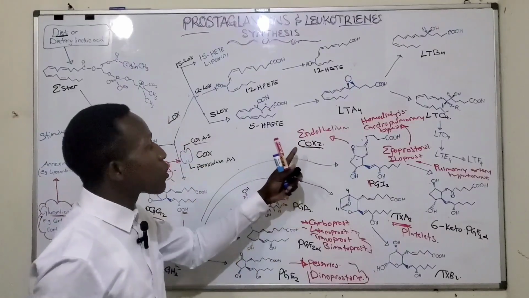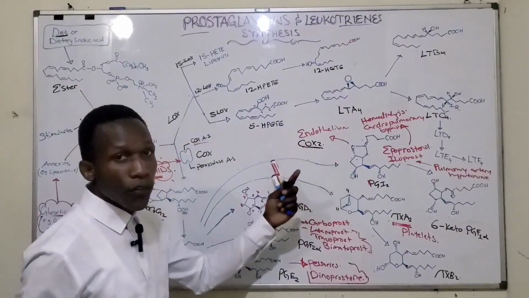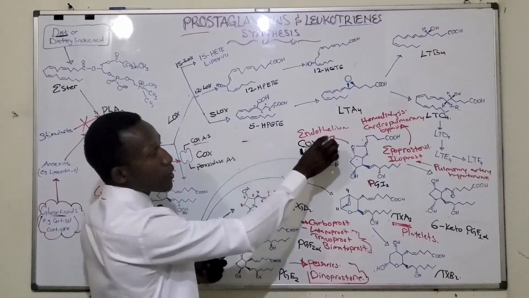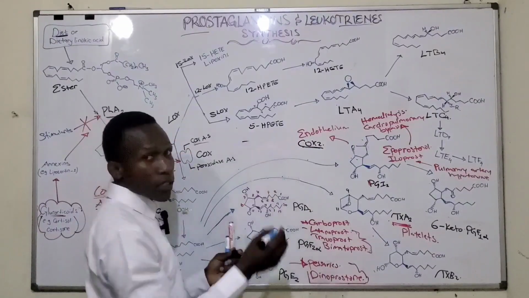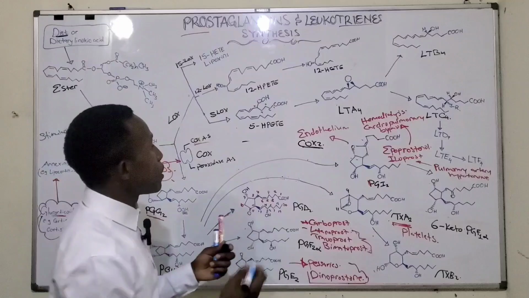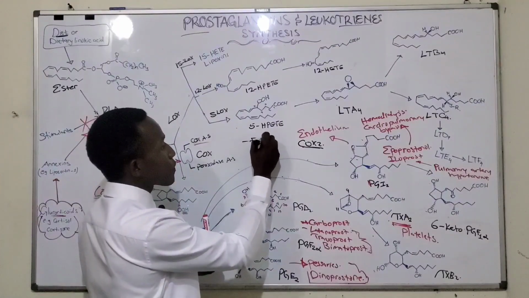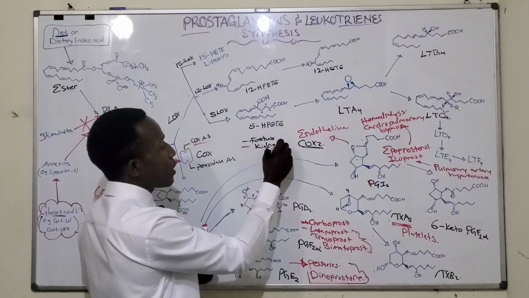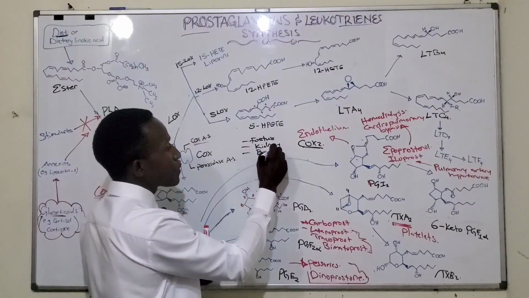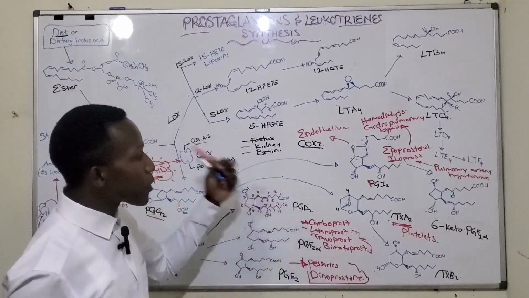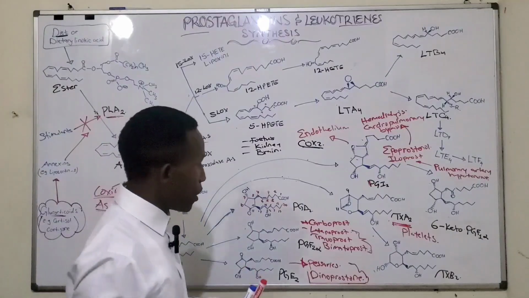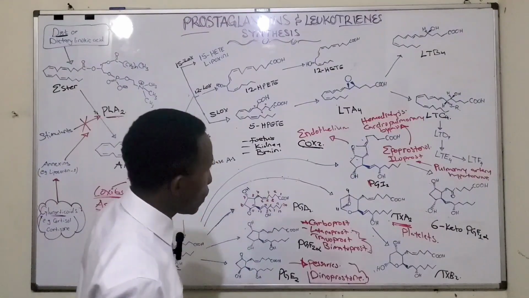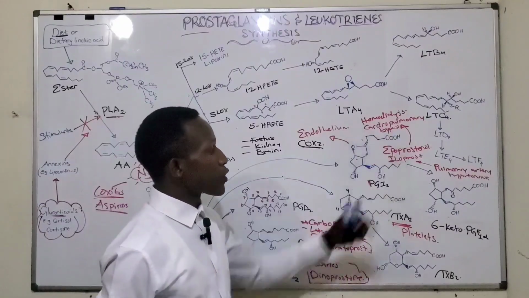So COX-2 also has constitutive activities, we said, in the endothelium of the blood vessels, in the ductus arteriosus of the fetus, also in the kidney and some parts of the brain. Though its production can be induced, and when it is induced, it can lead to inflammation. Then we have those drugs.